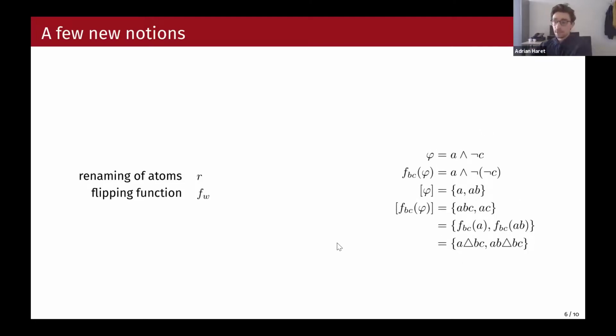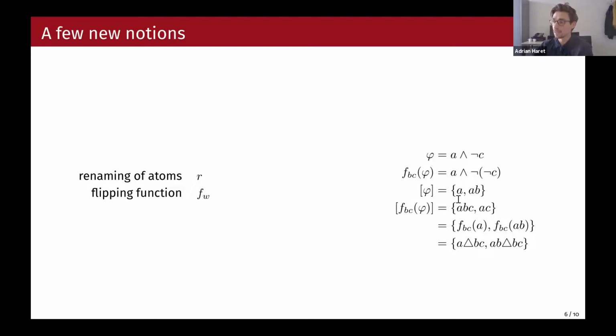Then you have another operation, which is a flipping function. A flipping function basically turns on or off certain atoms. It replaces atoms with their negation when they occur. So for instance, in this formula, if you flip B and C, then you don't touch A. B doesn't appear anywhere, but C appears in A and it gets replaced with its negation. On the semantic side, what flipping does is turn on and off the corresponding atoms.